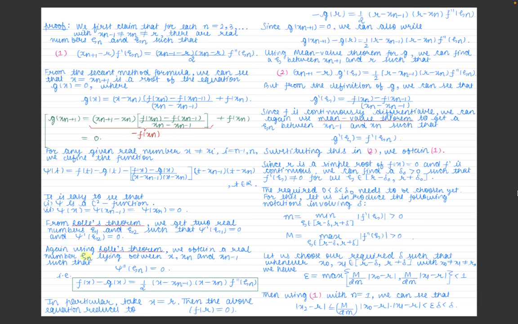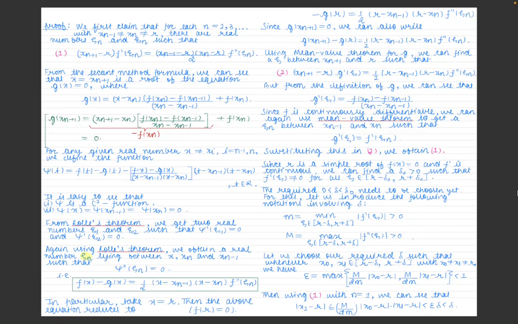For example, you choose m to be the minimum over r minus delta to r plus delta of f dash xi, and it has to be strictly positive, and capital M to be the maximum. Why is the minimum strictly greater than 0?